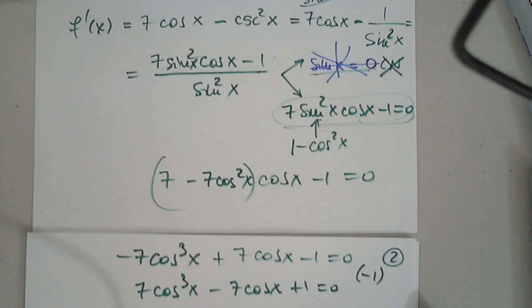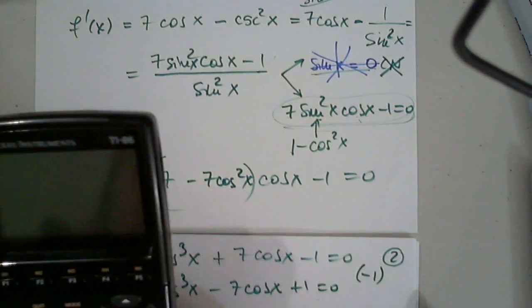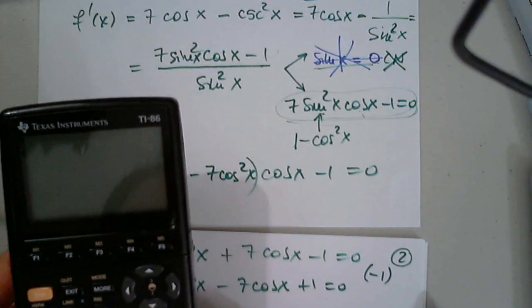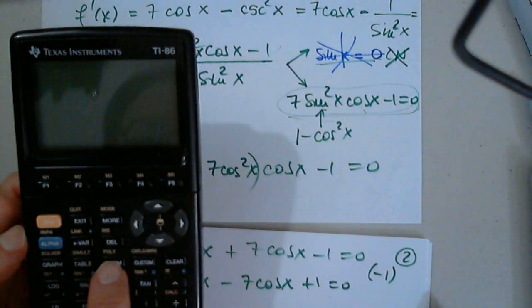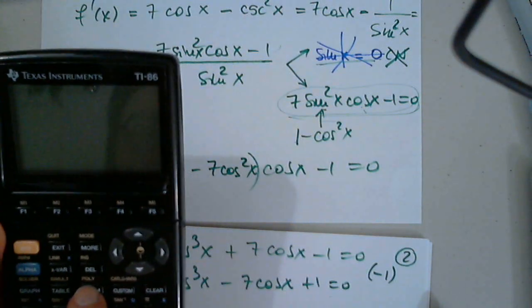I need my calculator, which is an old calculator. I wanted to talk to you about it. If somebody sells the TI-86, you should buy it, especially if it's cheap, because it has this poly feature, second and poly.